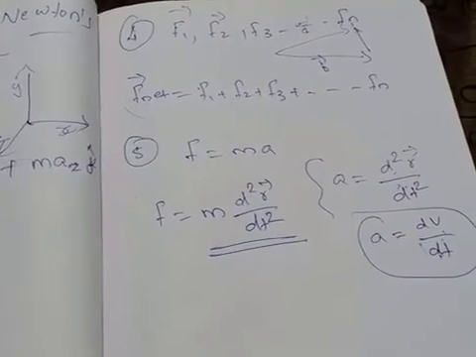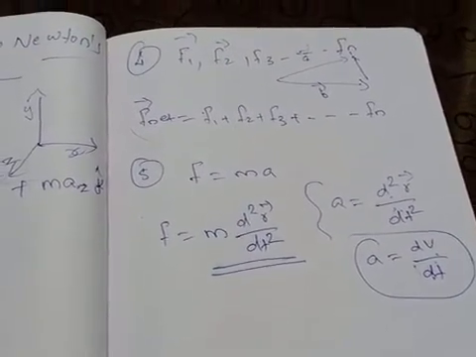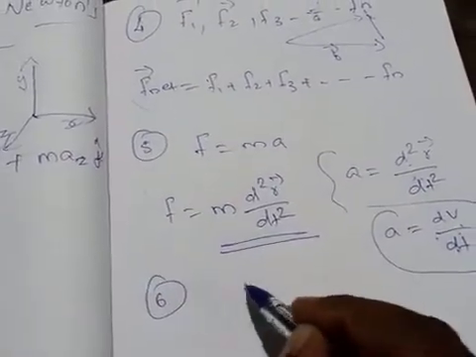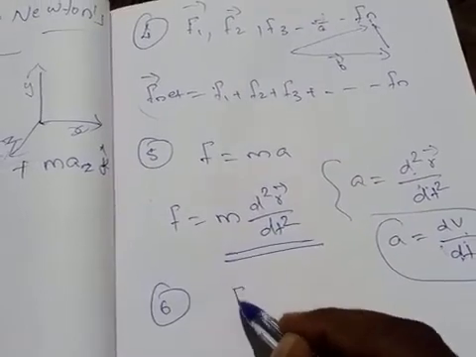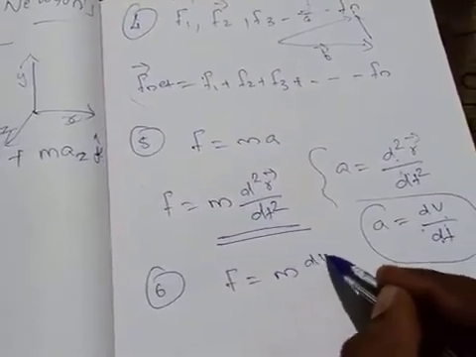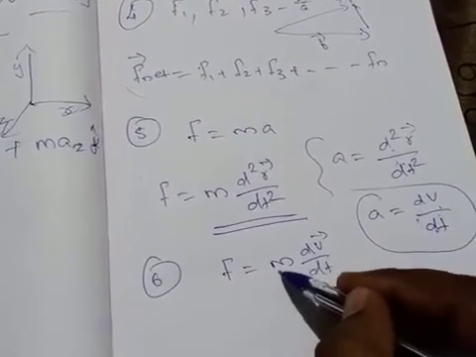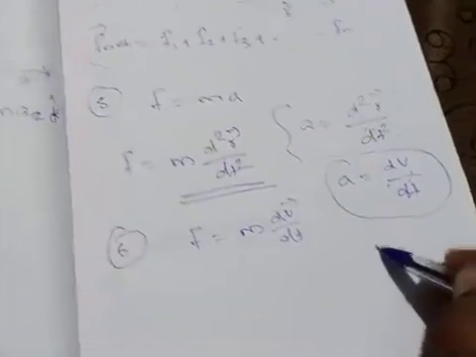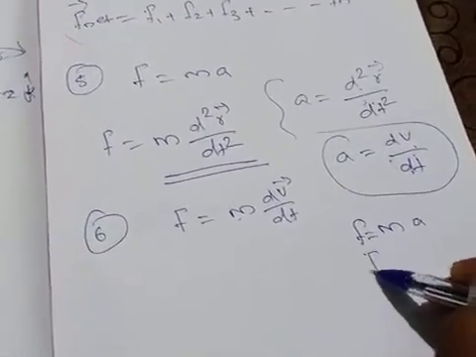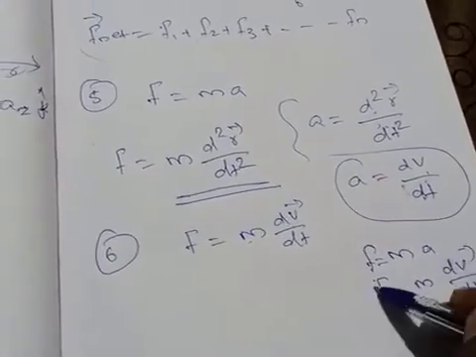The sixth point is, if no force acts on the body, then Newton's second law. Assume that one object is there and no force acts on that body. Newton's second law, F is equal to m into dv by dt, is ma only, which we are writing as m into dv by dt.